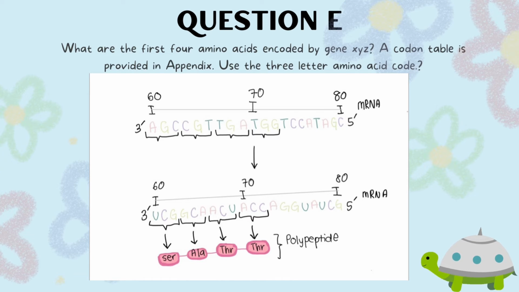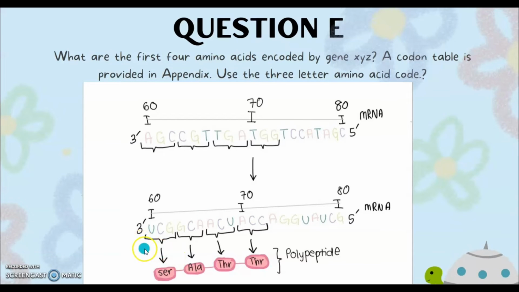So from the mRNA that has already been transcribed here, we can form amino acids, which is a polypeptide chain, and we need to choose 3 bases at a time. Okay, so the first base is U, the second one is C, and the third one is G. So these 3 bases will form serine.